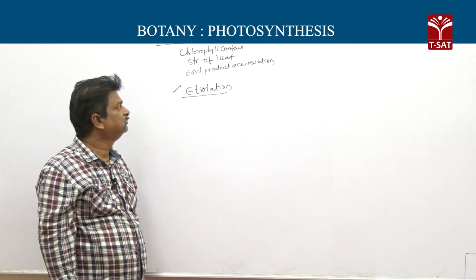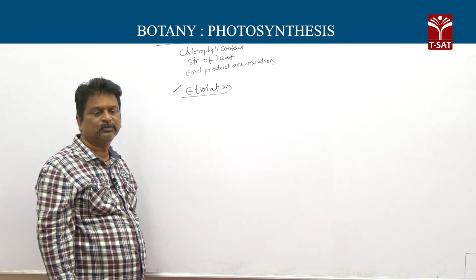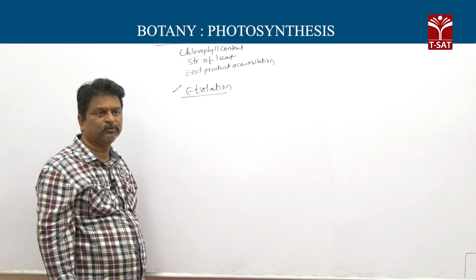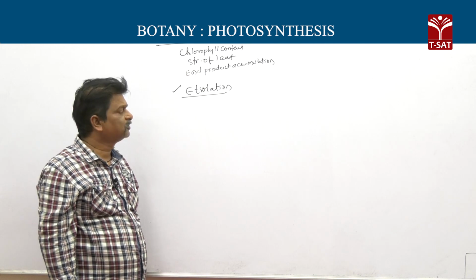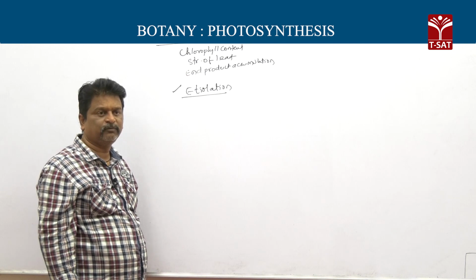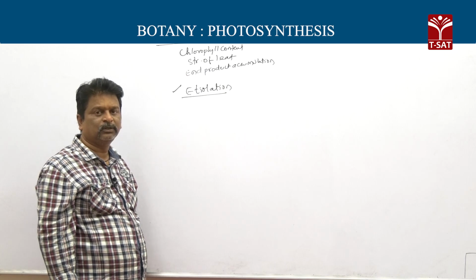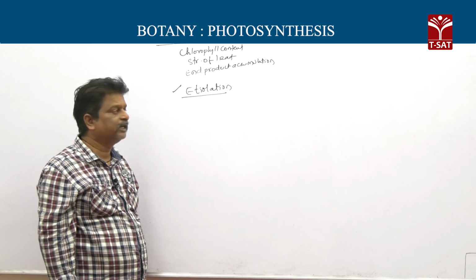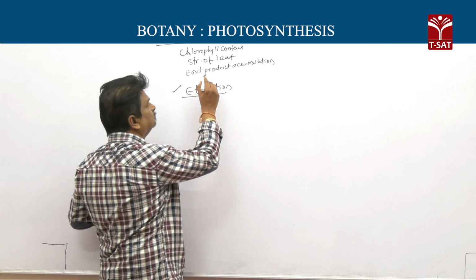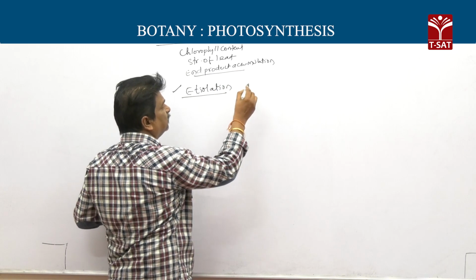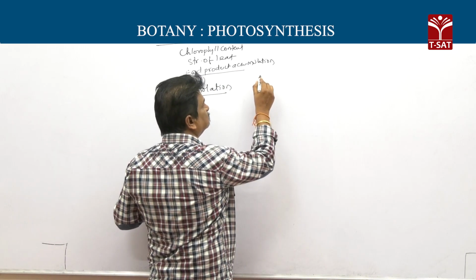Then final one, end product accumulation. End product accumulation means if more end products are formed, they block active sites of enzymes. So, the photosynthetic rate is decreased.